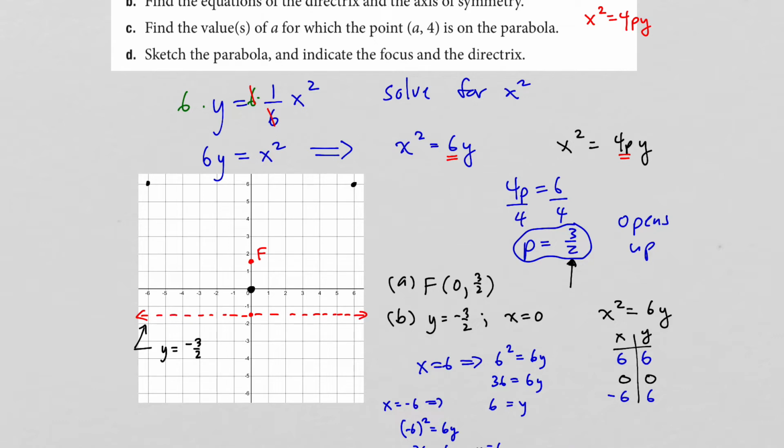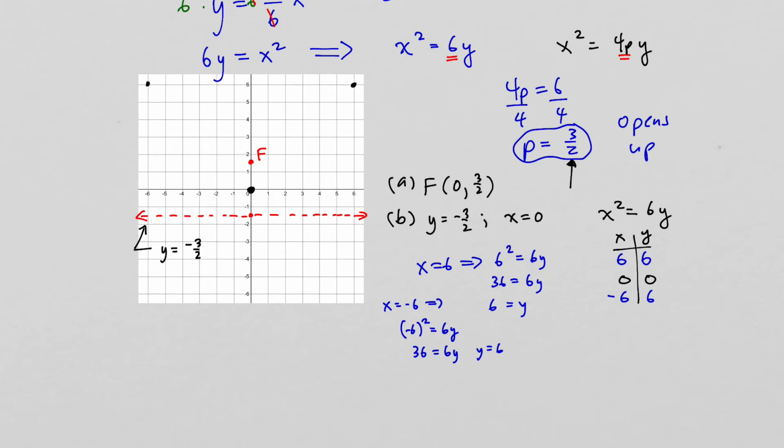Now, before we actually sketch the graph, let's find the value for a, for which the point a, 4 is on the parabola. So if the point a, 4 is on the parabola, a, 4 means that x is equal to a and y is equal to 4. And in our equation, x squared equals 6y, this would be a squared is equal to 6 times 4, if I just plug in the values of x and y, right? If I plug those in, that's what I get.